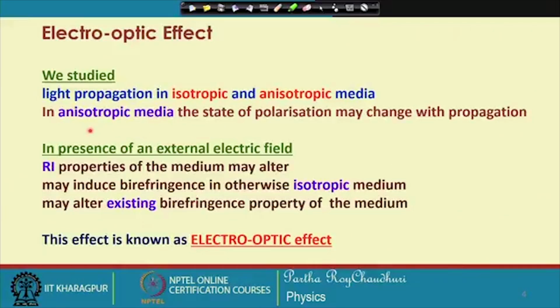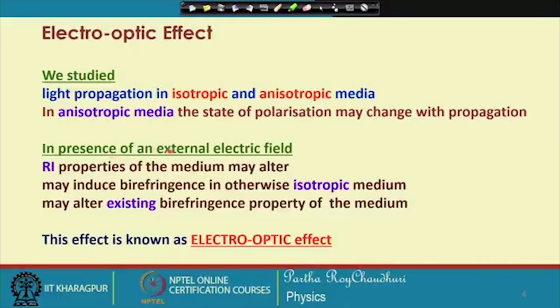As I have mentioned, earlier we studied the propagation of light in isotropic and anisotropic media. In anisotropic media, there may be a change in the state of polarization with the propagation, depending on the orientation of the principal axis with respect to the direction of propagation.